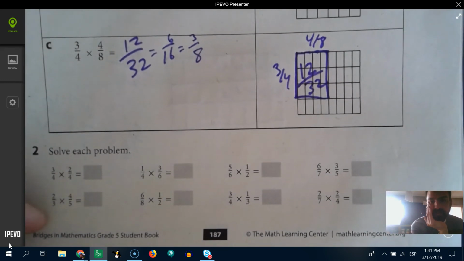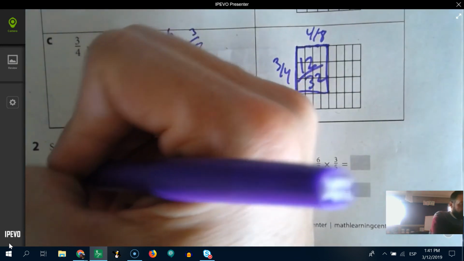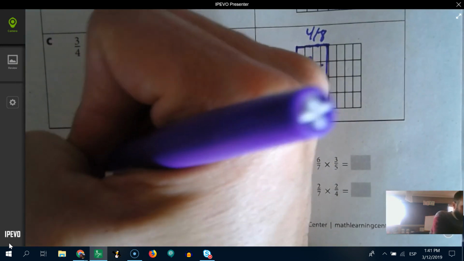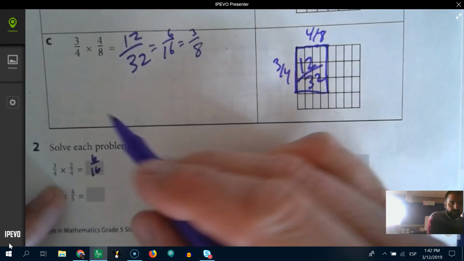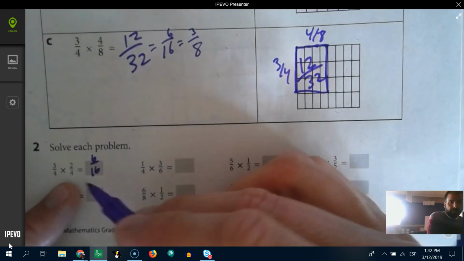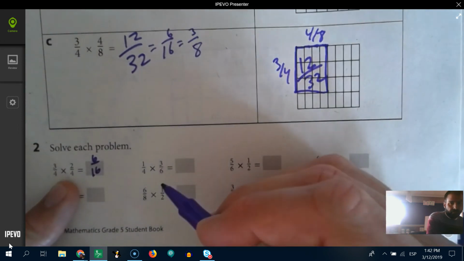But here they're asking you to practice the algorithm, just to see how it goes. So 3/4 by 2/4 is 6/16. I don't have to simplify if I don't want to. It's the same answer as before, because 2/4 and 4/8 are both 1/2.